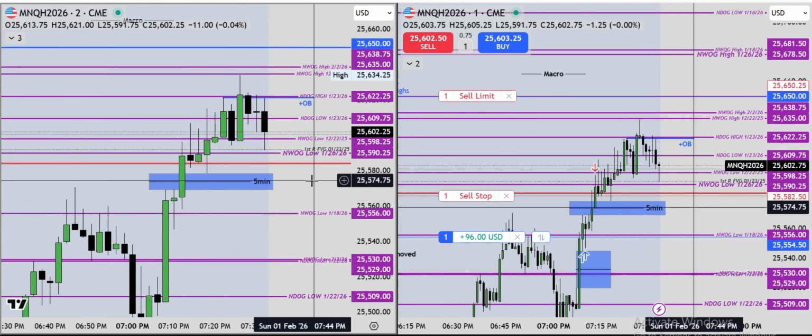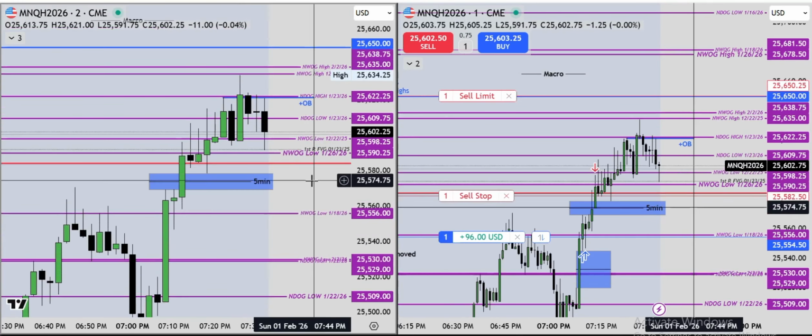Move my stop up a little bit more. So now I'm moving my stop to right below the mean threshold of that order block. And I think of that as a nice area of support, and if I get stopped out, then that's fine.